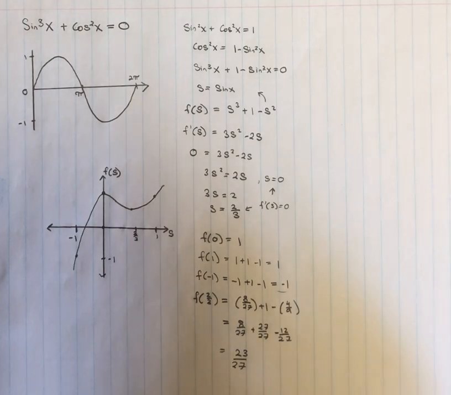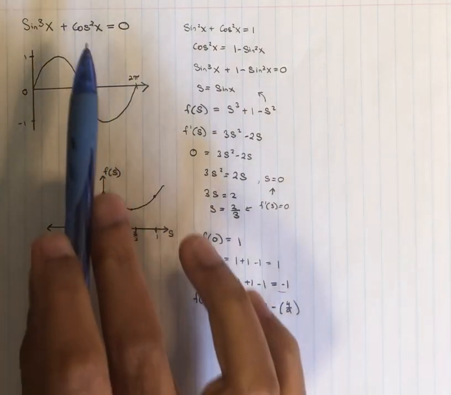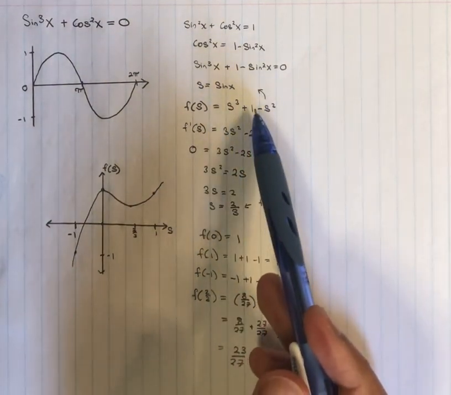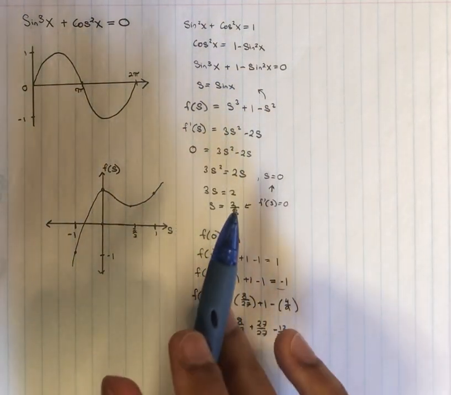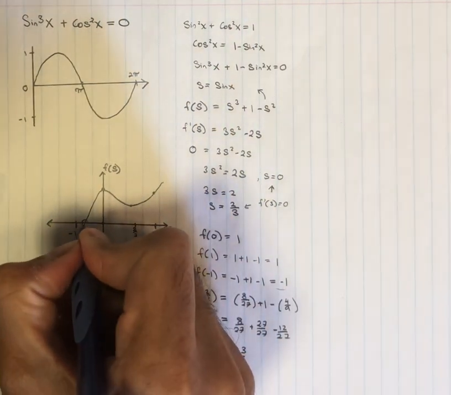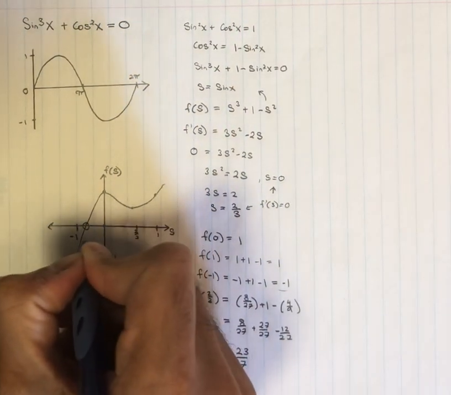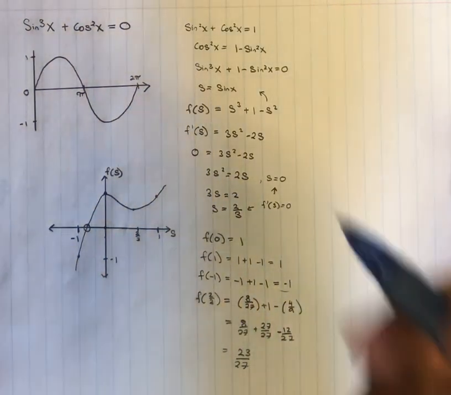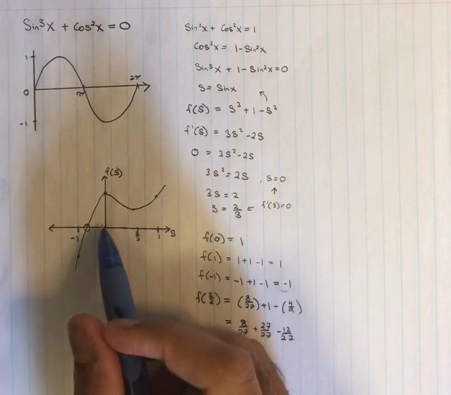And going back to the question, we want to find the roots of this, and we're going to use this graph to find the roots. After plotting this graph, we see that the only root that this graph has is between -1 and 1. So we know that the root of s must be between -1 and 1.